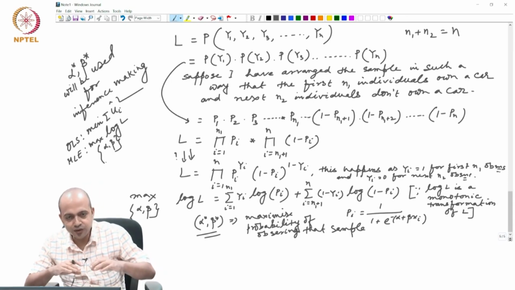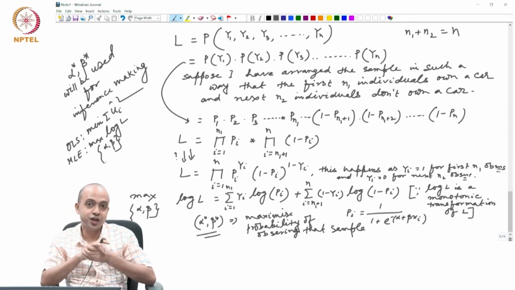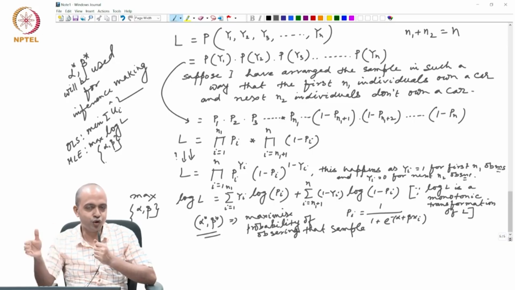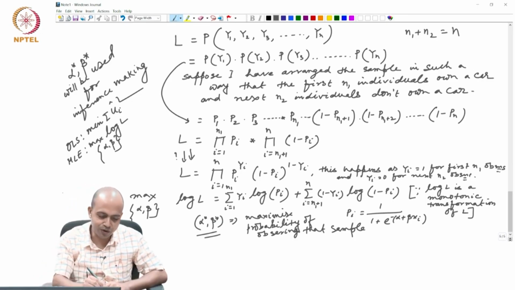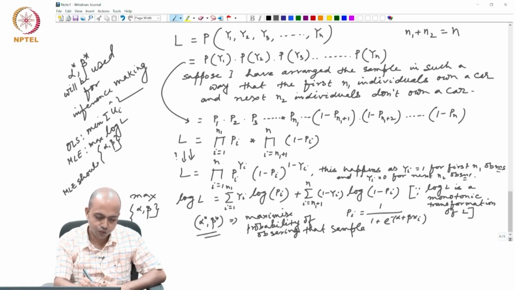That means they are efficient in large samples, and they follow the normal distribution, also asymptotically. That means the MLE method should be applied in large samples only.